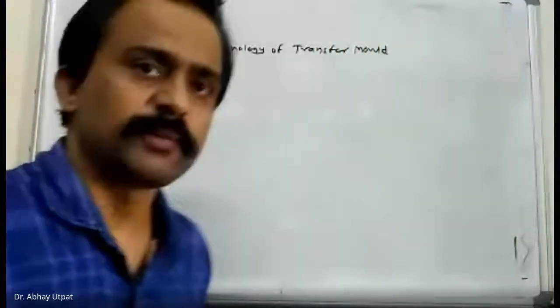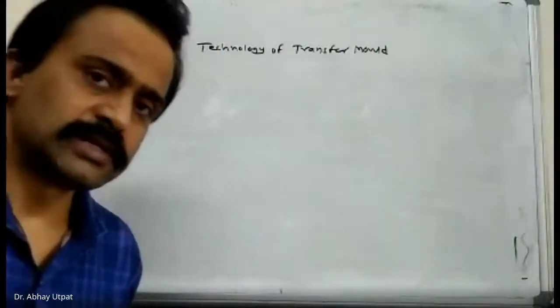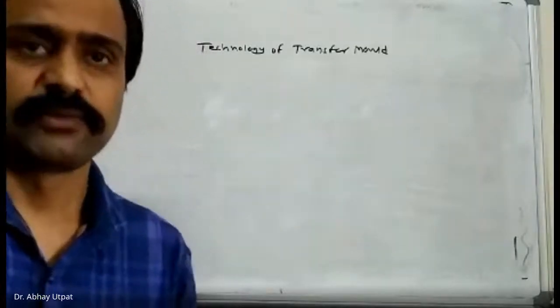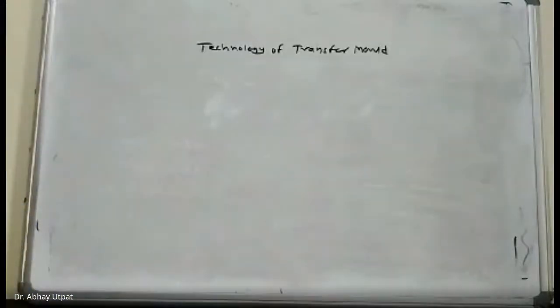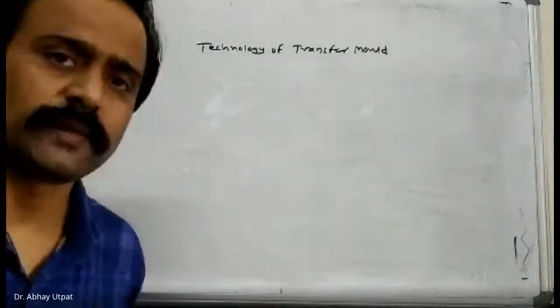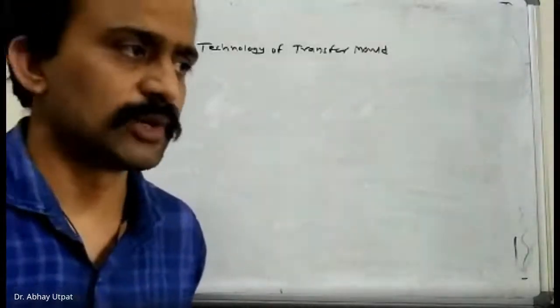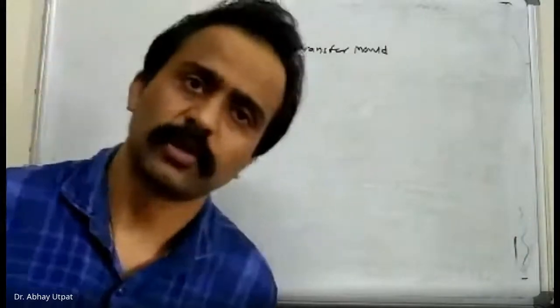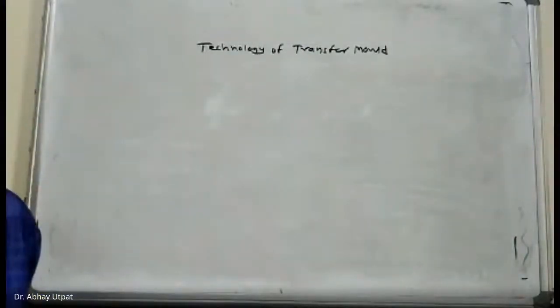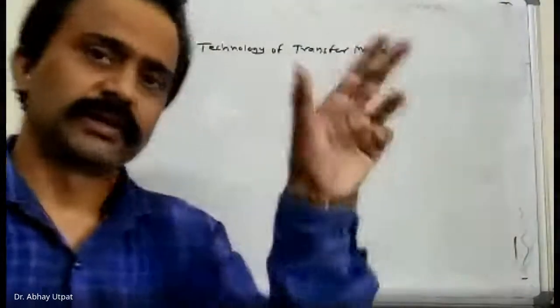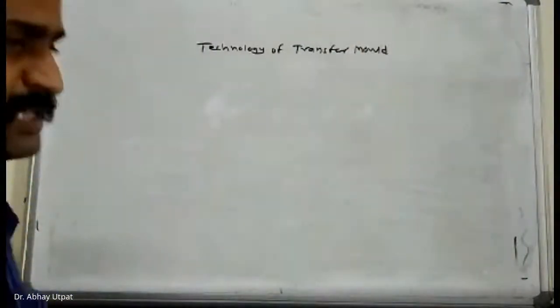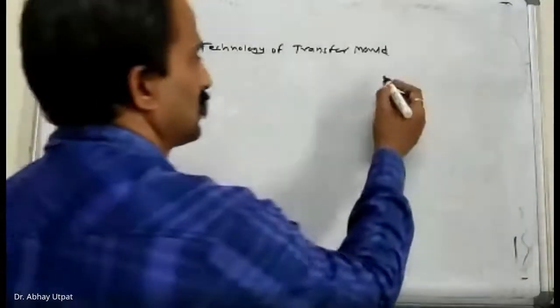In unit number 2, the processing of plastics, we studied a number of plastic processing methods, starting from injection molding, then blow molding, extrusion molding, rotational molding, compression molding, and transfer molding. So now it is just an extended part of transfer molding, where we have seen a figure like this.